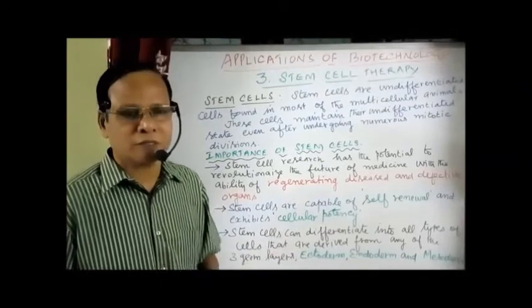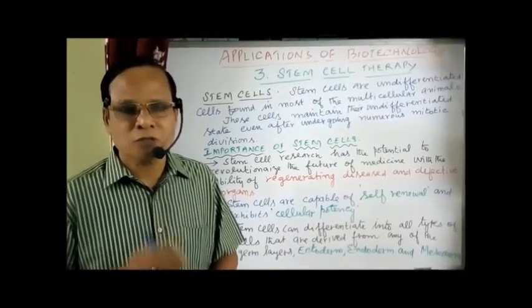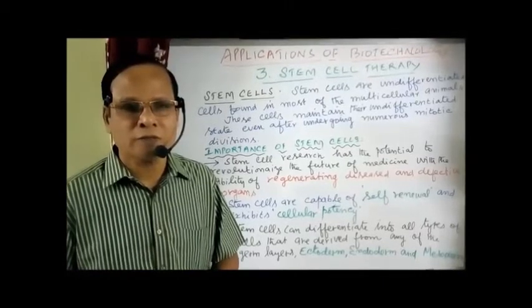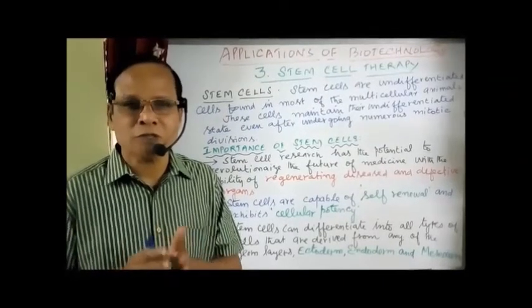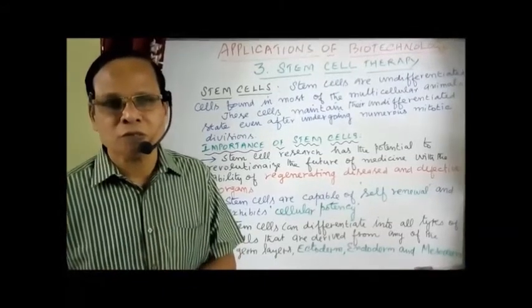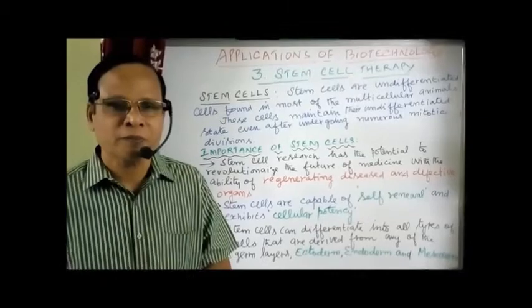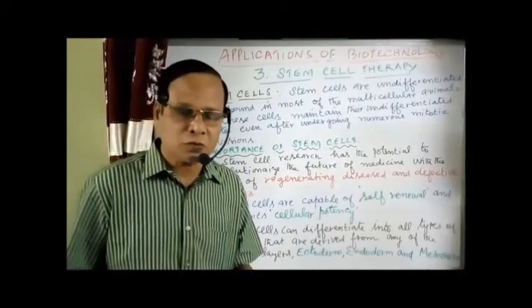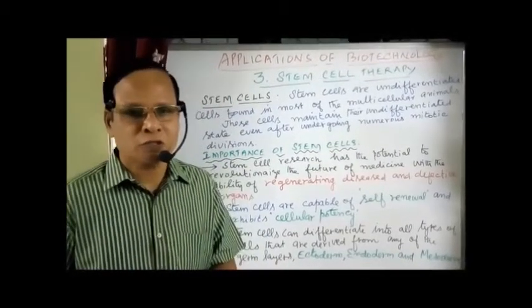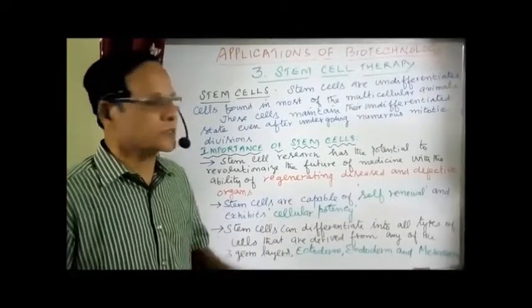I write down on the board: the most important and potential applications of human stem cells are the generation of new cells and tissues, and such cells and tissues could be used in cell-based therapies. Again, human stem cells are used to test new drugs. These are some of the importance of stem cells.